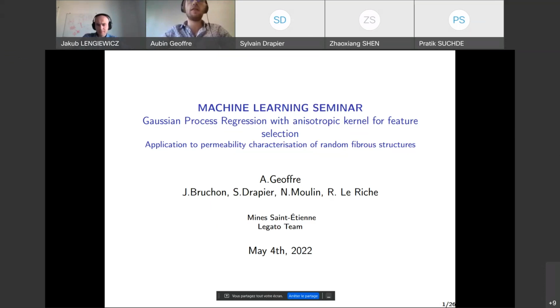This technique is basically a Gaussian process regression with the use of anisotropic kernel. We have used it for feature selection, and we collaborated in this work with Rodolphe Leriche. Here's the plan of my presentation. Apparently there is a wide audience, so I will first discuss my problem to see why we considered this technique.